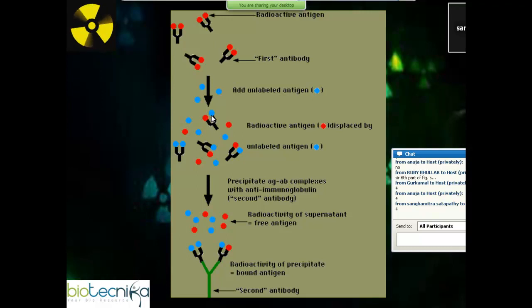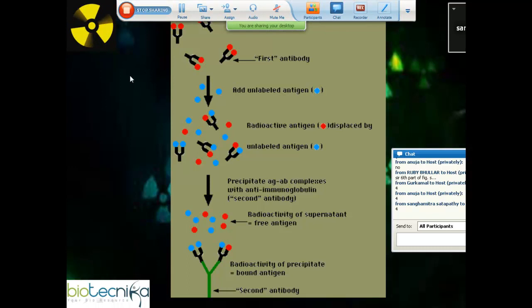For example, I want to check the level of insulin in the plasma, whether it is increased or not. For that, first I take insulin and label it radioactively, shown here in red.